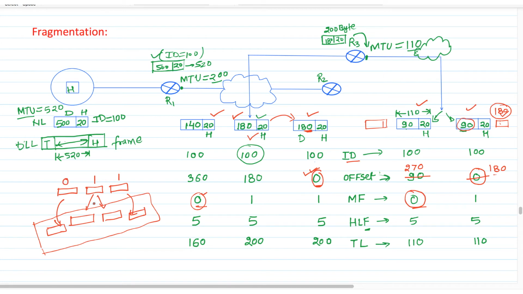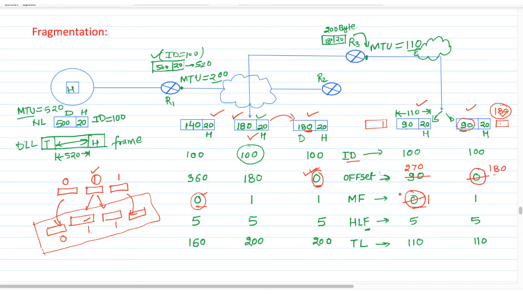Even after the fragmentation, the value will be 1 for both of these fragments, because after this fragment one more fragment is available. So only the last fragment will have the value 0 and these 2 fragments will have the value 1. So always keep in mind that if MF value is 1, then after fragmentation the MF value will be the same. So here it will be 1 only.